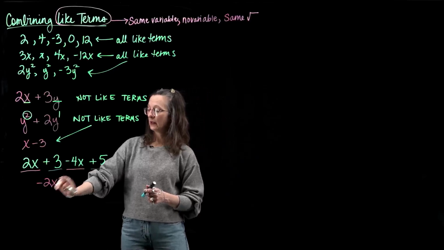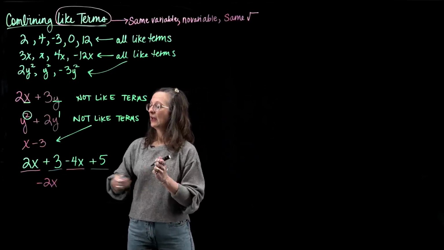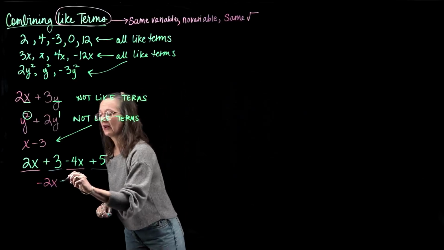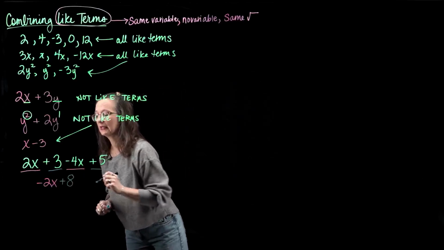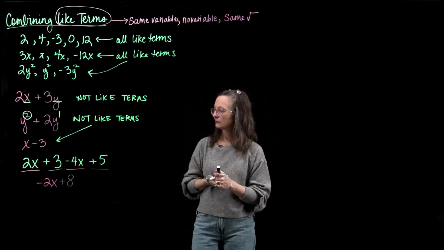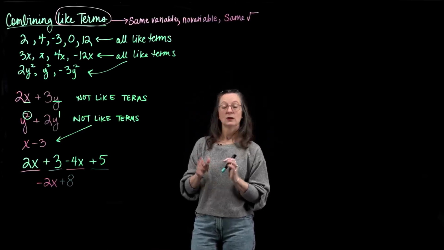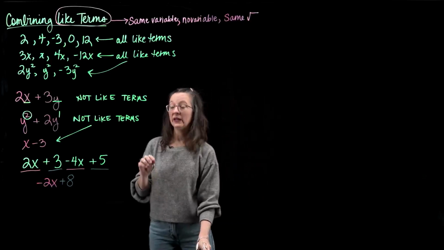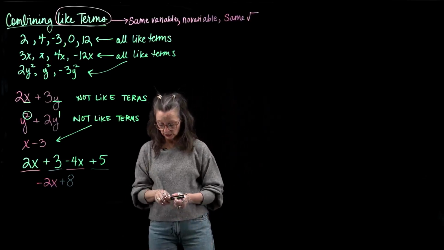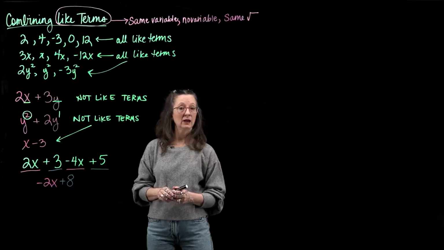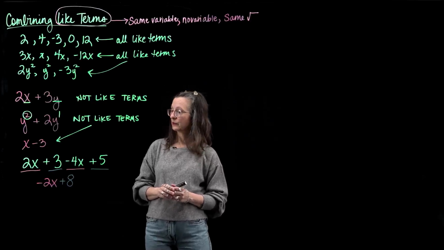Remember that that variable always stays with it. And then we have plus 3 and plus 5 makes plus 8. Mainly, I want you to remember we can only combine like terms. We cannot combine unlike terms.